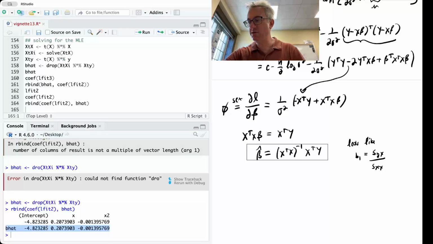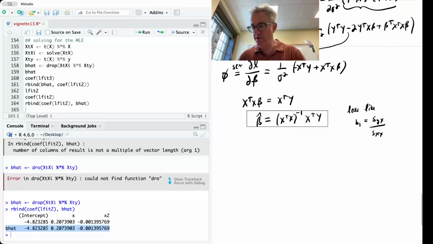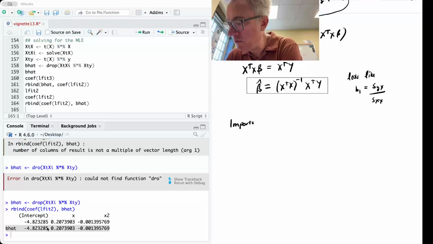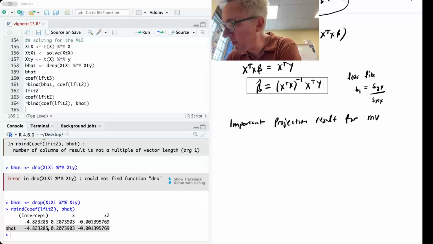Okay, back to the whiteboard. This is a heavy whiteboard lecture. I want to tell you about an important projection result for multivariate normal random vectors.